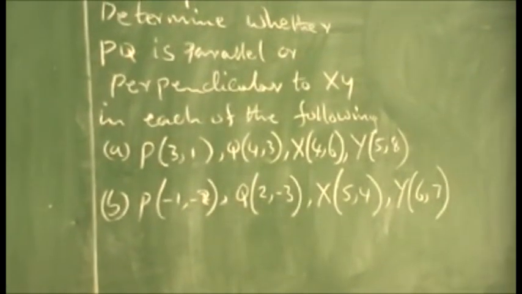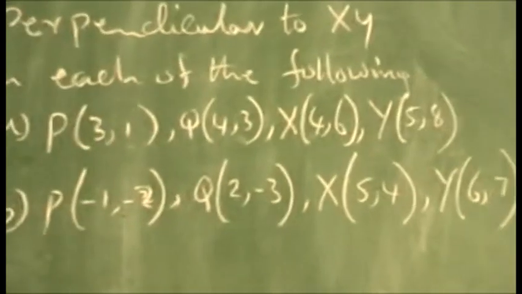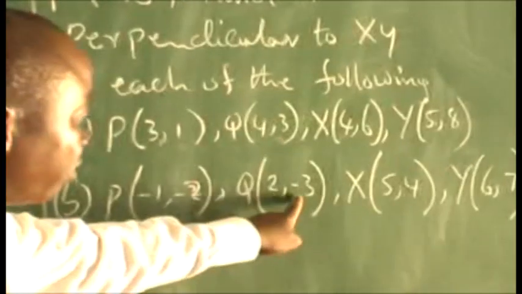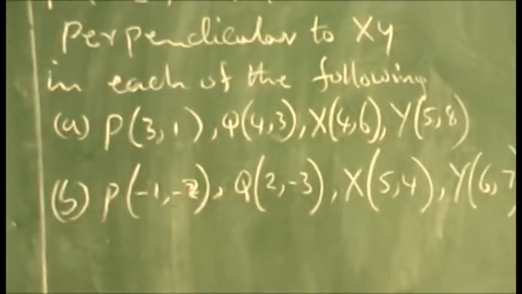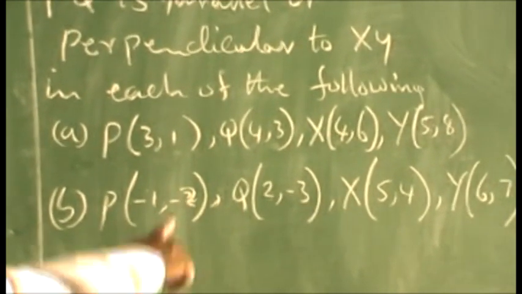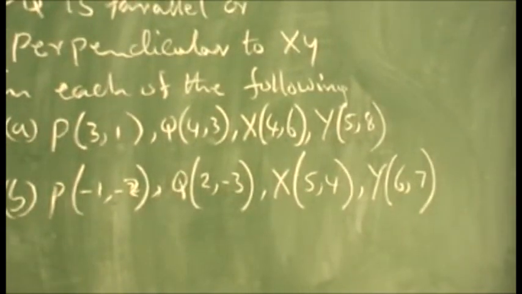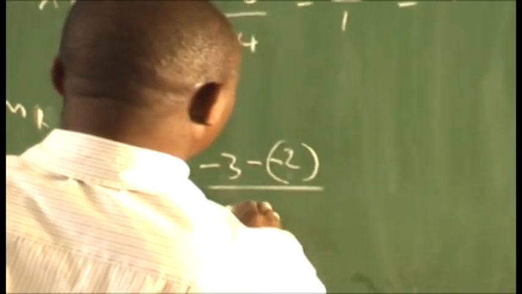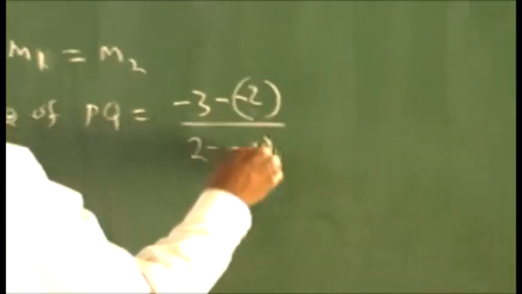For that one, gradient of PQ. Here is P and this is Q. So we have minus 3, that's for y2, minus 2, that is y1, all over x2, which is 2, minus 1.